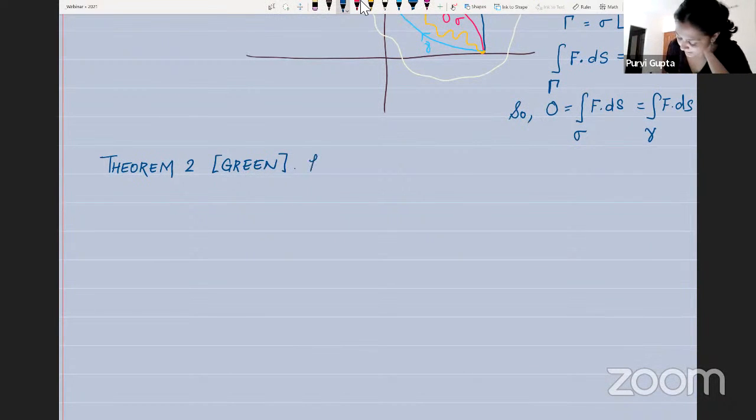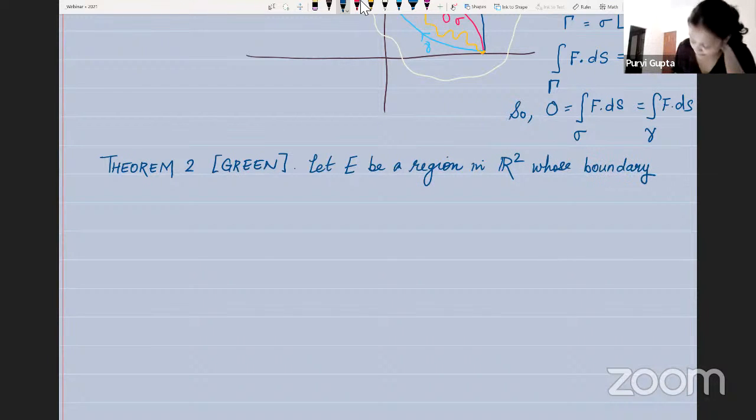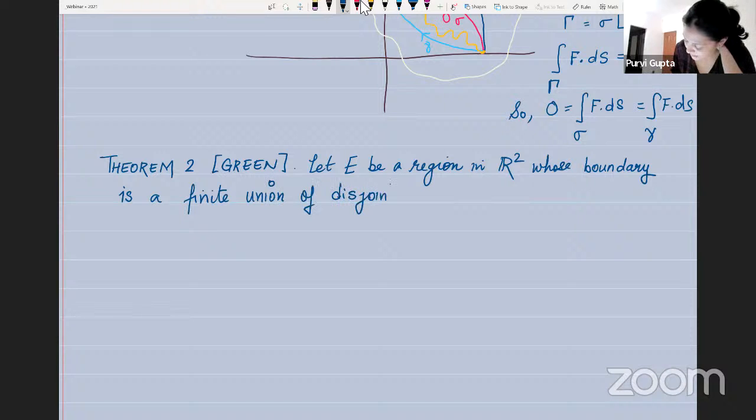So let E be a region in R2. So this is a result in the plane whose boundary is a finite union of disjoint, simple, closed, piecewise C1 smooth curves.